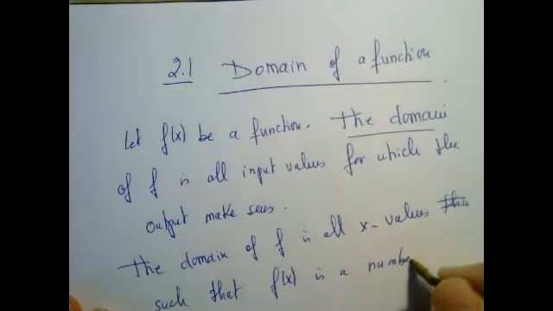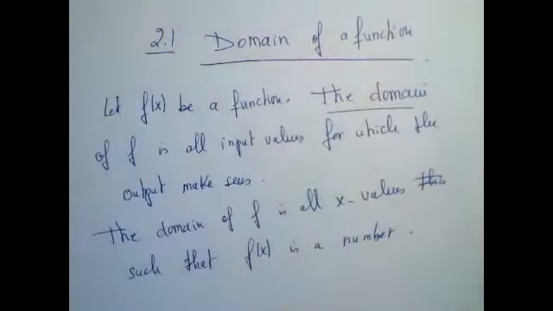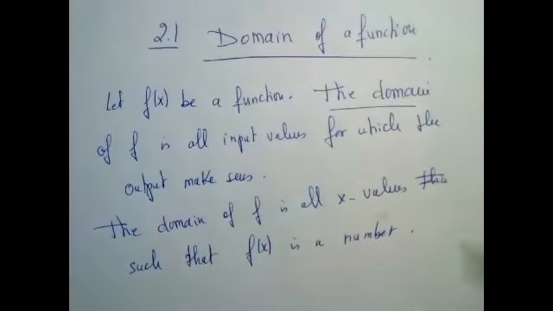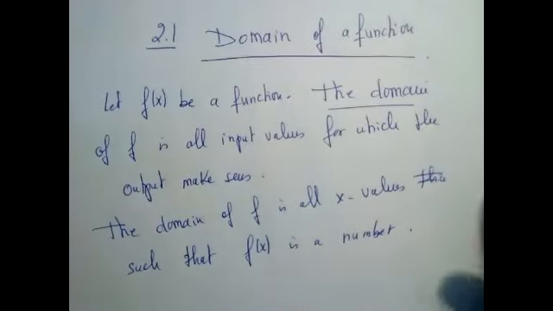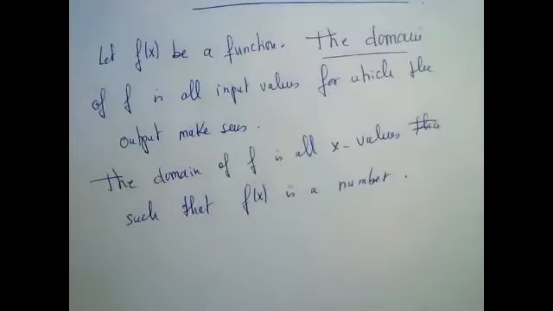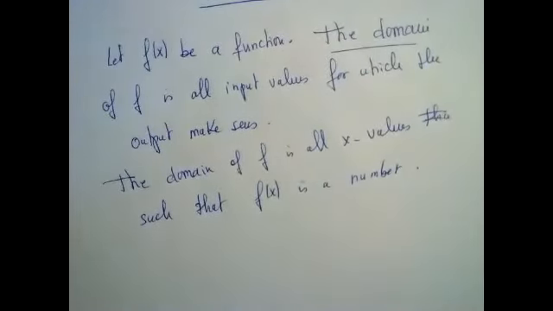As simple as that, a real number. So the domain are all the x values such that f of x is a number, is well defined, or it makes sense. All right, so let's start with some simple examples. Domain are all those x values such that the rule is well defined. So we're going to do lots of examples.